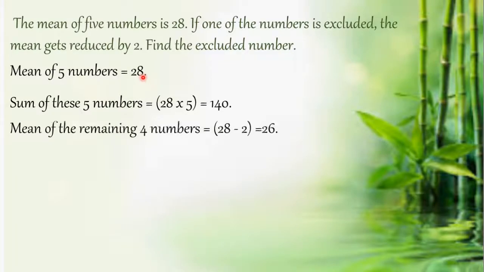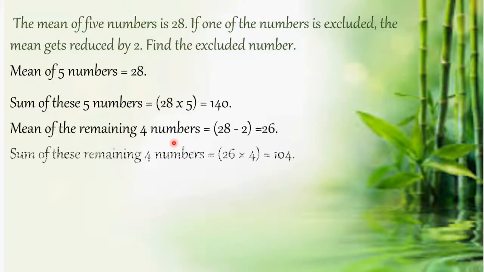So, the mean of the remaining 4 numbers will be 28 minus 2, which is 26. We can find the sum of the remaining 4 numbers also. It is 26 times 4, which is 104.